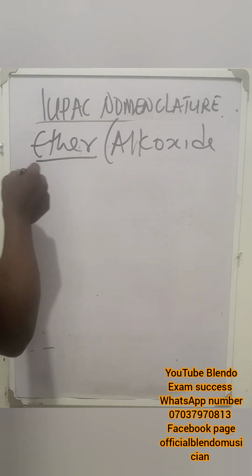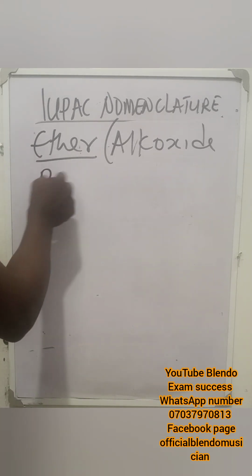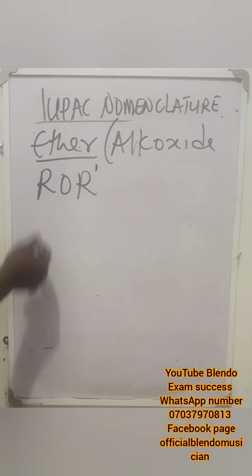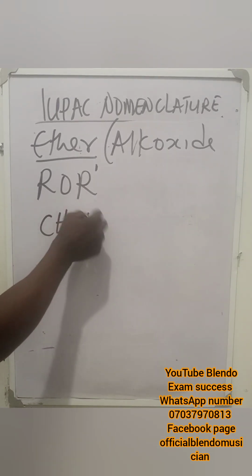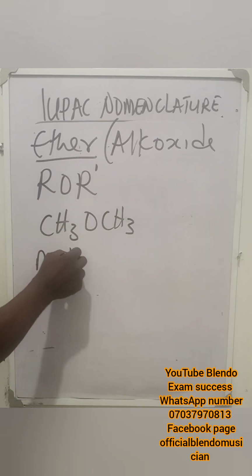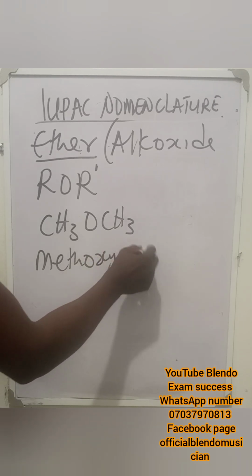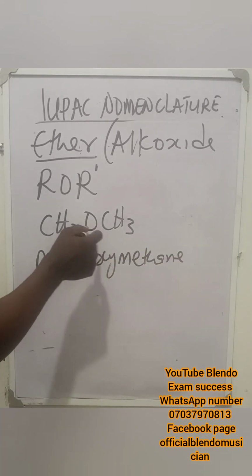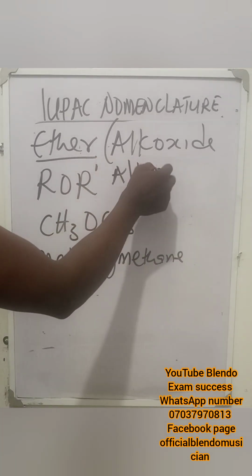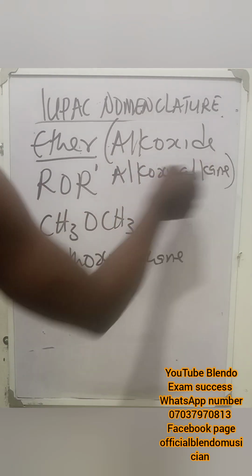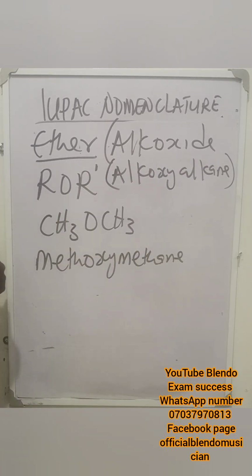Ether, or we call it alkoxyalkane, has the formula ROR prime. In naming the compound ether, we name by starting with R prime first.